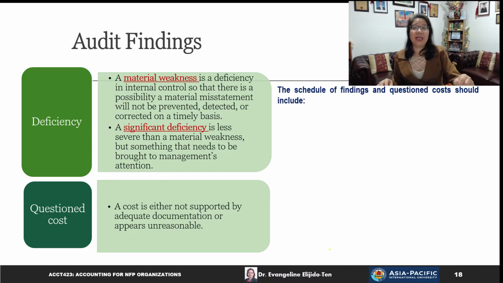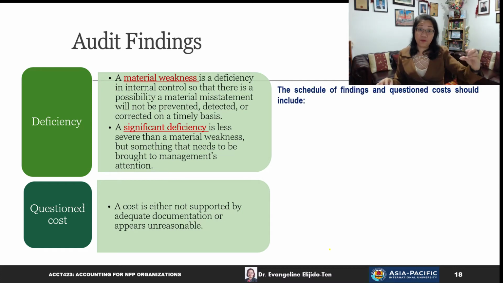Now, the schedule of findings and questioned costs, this is the 4th item in the auditor's report. What should it include?